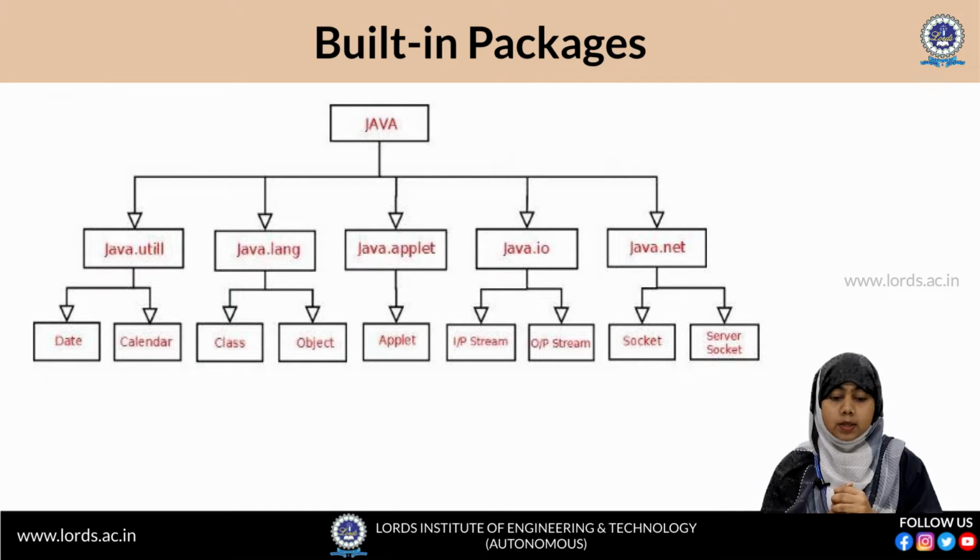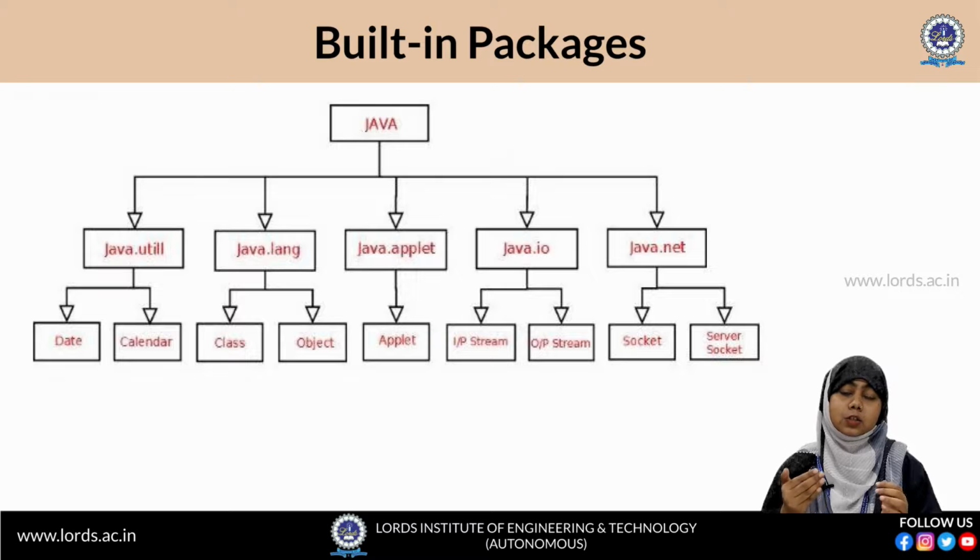Another one mentioned here is java.io, input output. This is the most frequently used package, because whenever we are writing a program, we need some sort of input from the user. So how to accept that input? By using this input output package, there is a class such as input stream, which provides a number of classes. One of them is the buffer reader class.